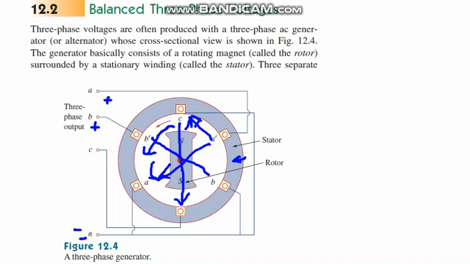Again it passes C, and it creates another from C. So there are three outputs when it passes A, B and C. That is a three-phase generator, and that is the basis of balanced three-phase voltages. From this we get three-phase voltages, and to operate appliances in our households and for industrial purposes, we use the three-phase system.